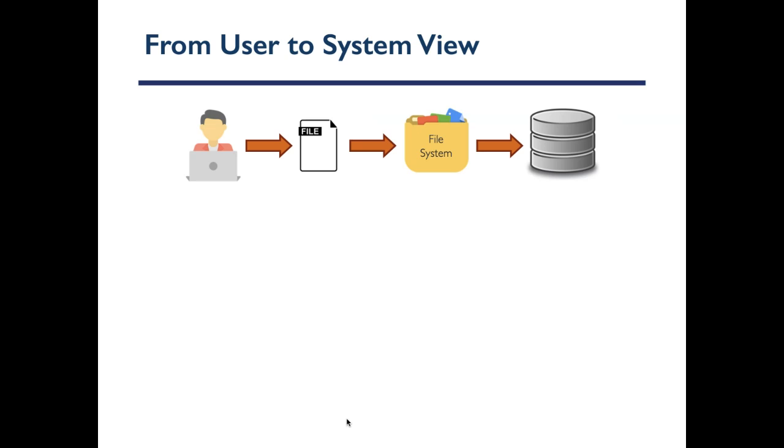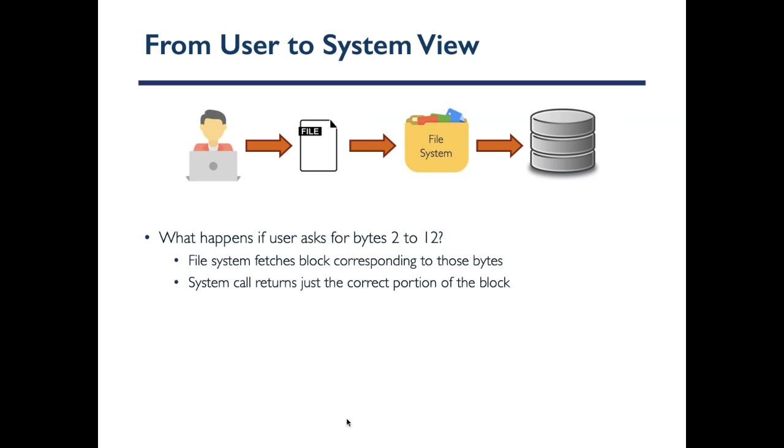Okay, so now we want to go from the user's view to the system's view. So what happens when your user asks for specific bytes? Let's say, give me byte 2 to byte 12. As I mentioned, your file system looks at files in terms of blocks of data. Usually a block of data is something like 4 kilobytes. So your file system is going to read an entire 4 kilobytes, and then from this 4 kilobytes that you read, you give your user byte 2 to byte 12.